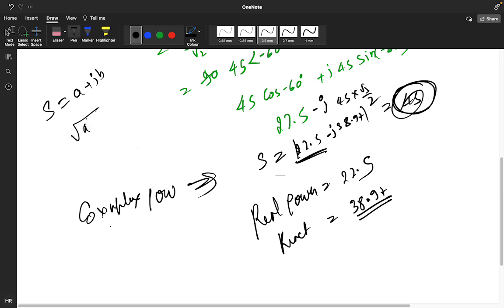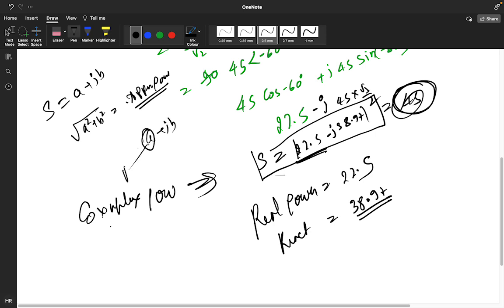So root under A square plus B square is your apparent power, the mod value, and complex power we represent in the form A plus jB. And this A that you are getting is your real power or active power. Real power and active power are both the same. And whatever you are getting in terms of j is your reactive power.